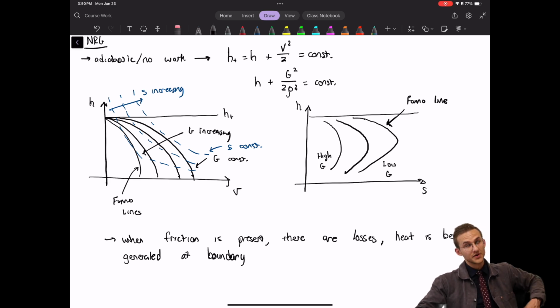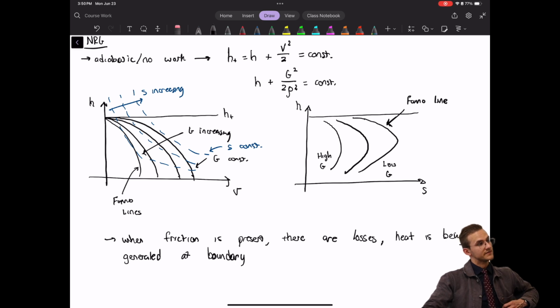Or you can think of it this way, I think it's more intuitive: you're losing pressure, right?